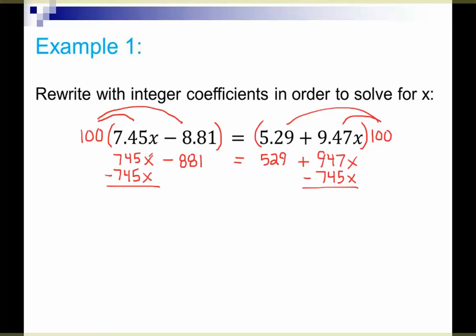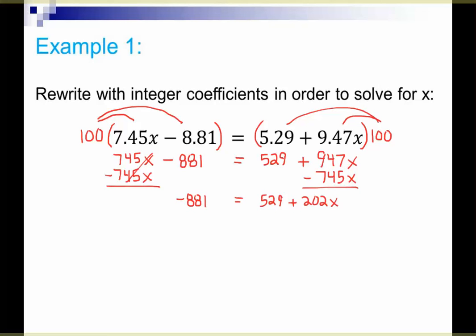Get some cancellation on the left. And now I should have negative 881 equals 529. And then this ends up being plus 202x, I believe. I hope.